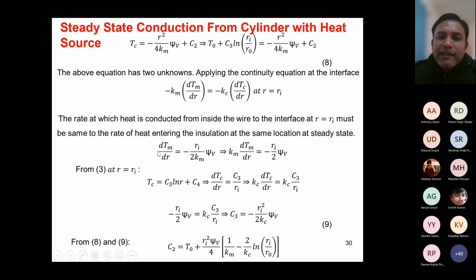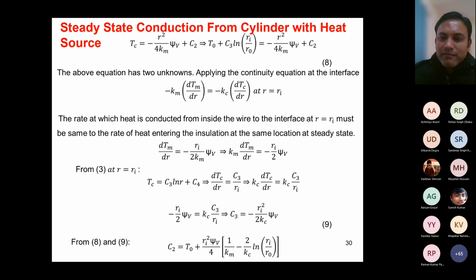We have calculated Km dTm by dr at R equals Ri, and that comes out to be minus Ri by 2 psi V. Similarly, we have calculated minus Kc dTc by dr from this equation, which comes out to be minus Kc C3 by Ri, and both these we have equated. After equating, the only unknown is C3, so we have obtained C3 directly. C3 comes out to be Ri square by 2 Kc psi V. Is it clear to everyone?